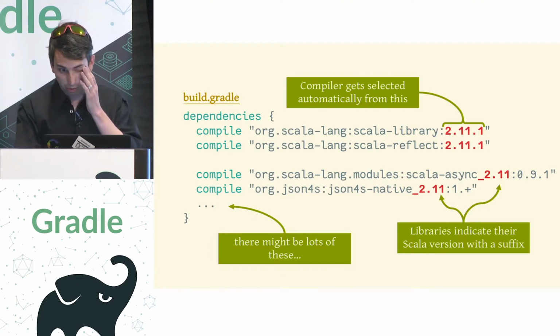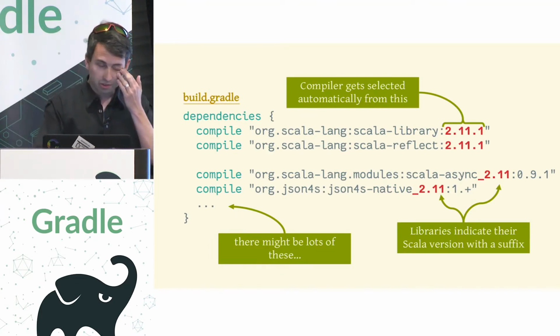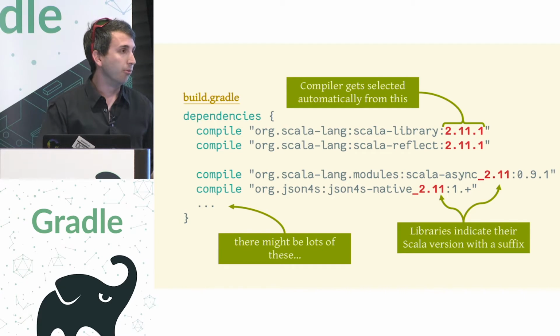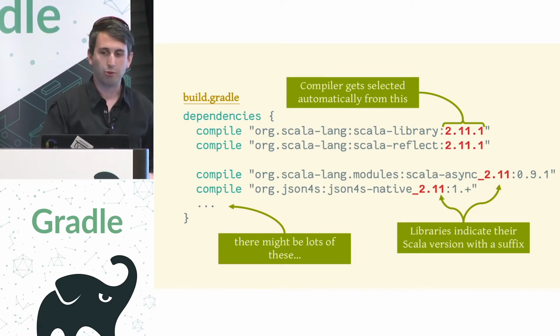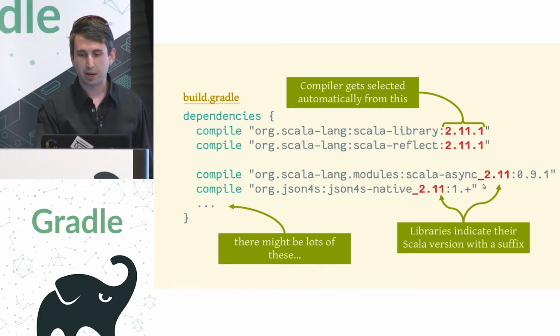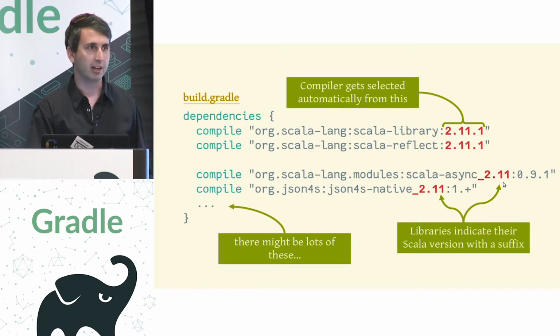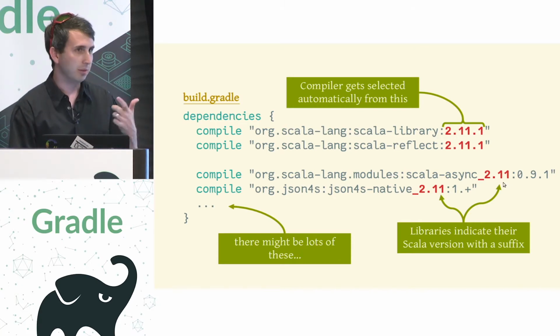So y'all are probably familiar with this, right? In Scala, major versions of the language, when they release, are source compatible, but they're not binary compatible. And so if you're publishing a library, then you have to indicate which version of Scala that library was compiled for. And the convention in the Scala community is to do that by suffixing the name of your artifact with the epoch and major version of Scala that it was compiled for.